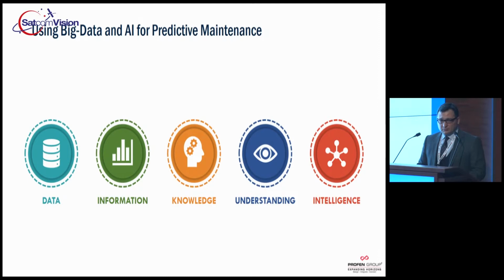Before going on, related to how we can apply artificial intelligence and machine learning, this is the usual path for how we can go from data to intelligence. First, we have the data. We are talking about big data.